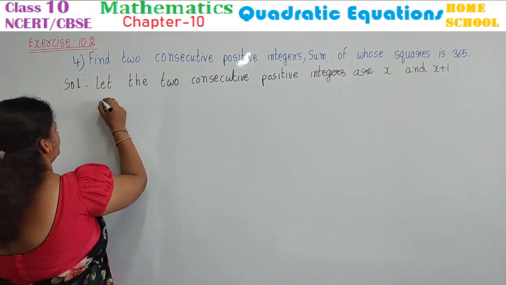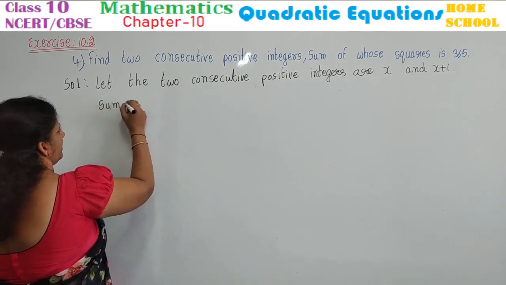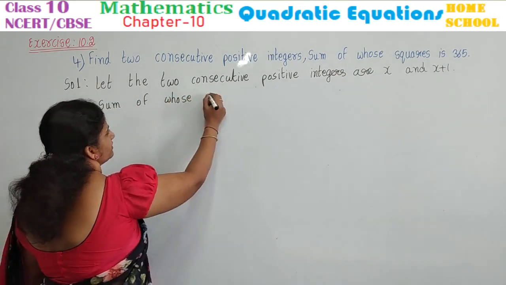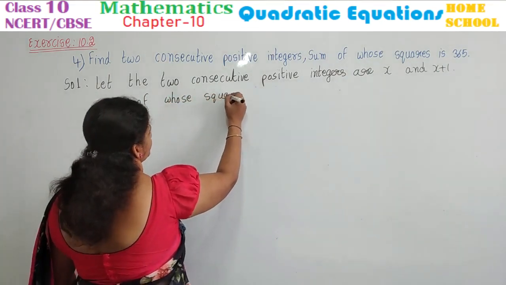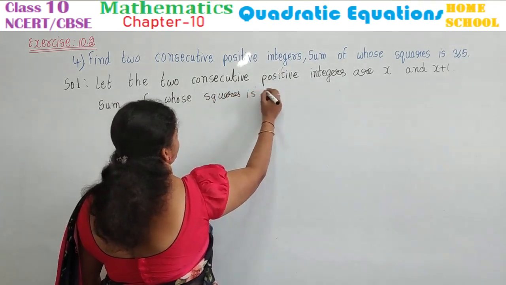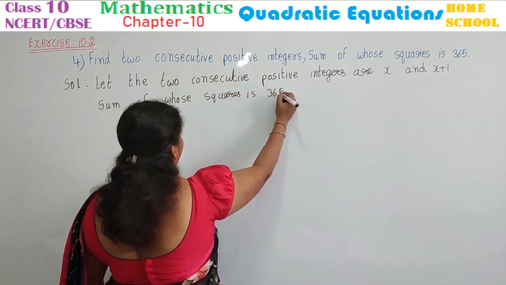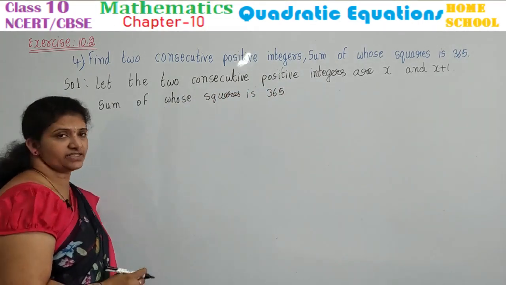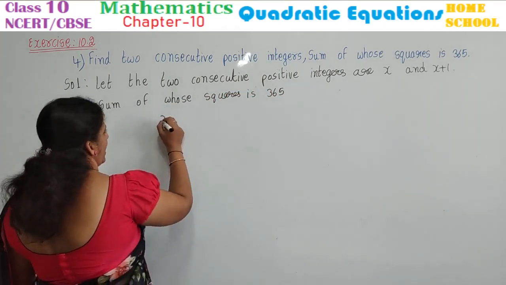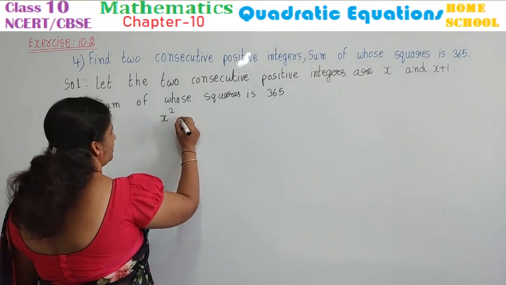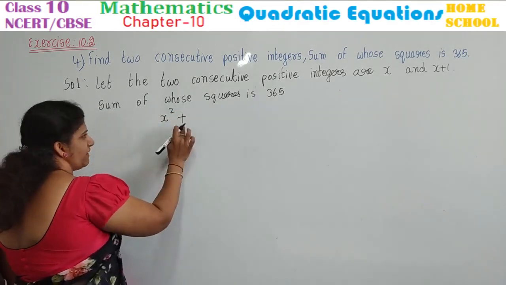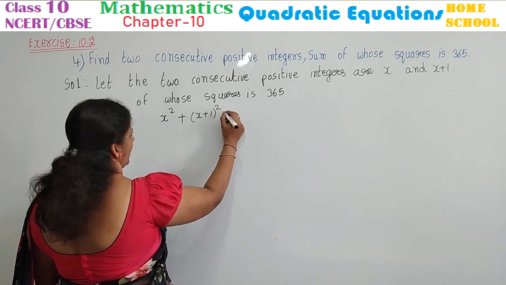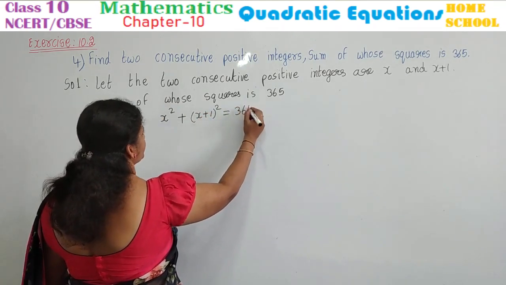Given that the sum of whose squares is 365. Which squares, children? The squares of the two positive integers. x square plus, sum means plus sign, x plus 1 whole square is equal to 365.